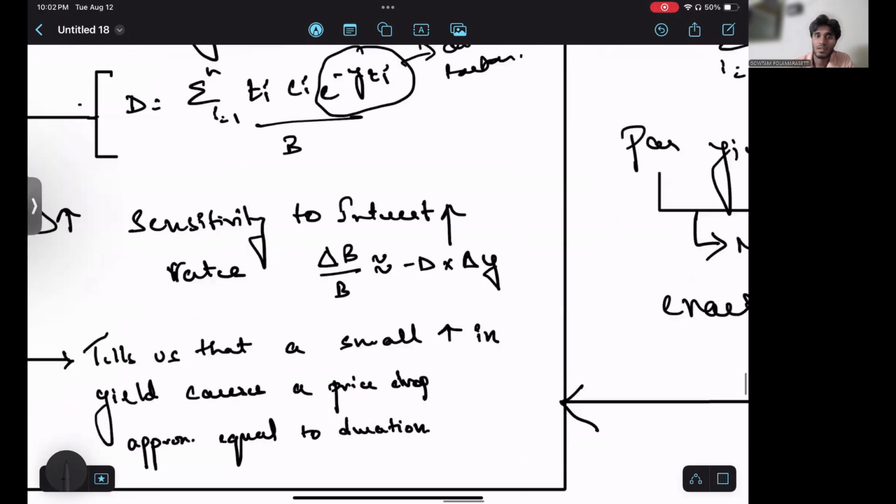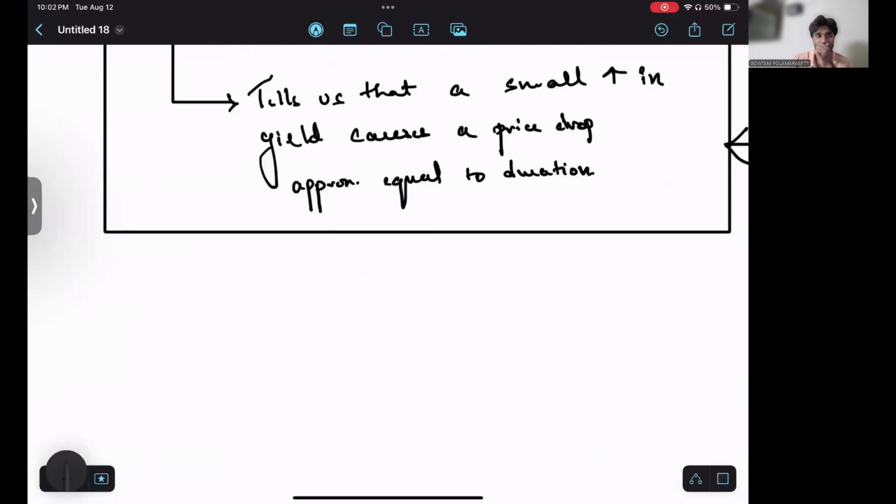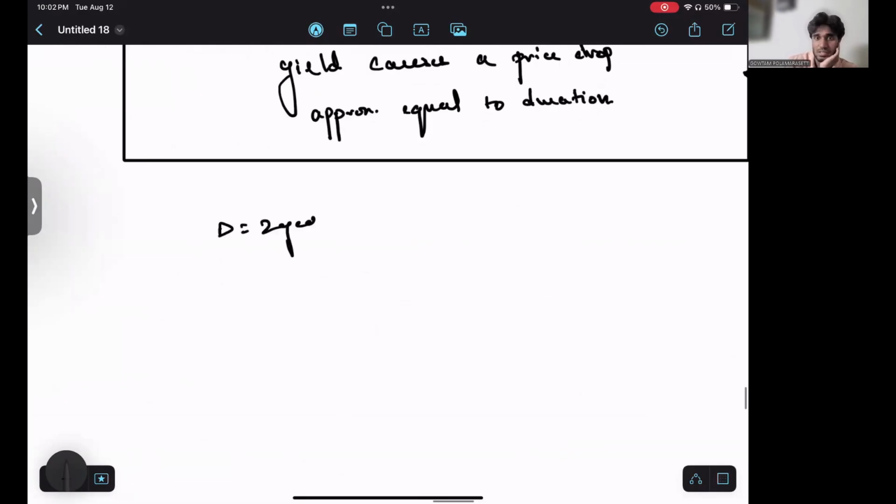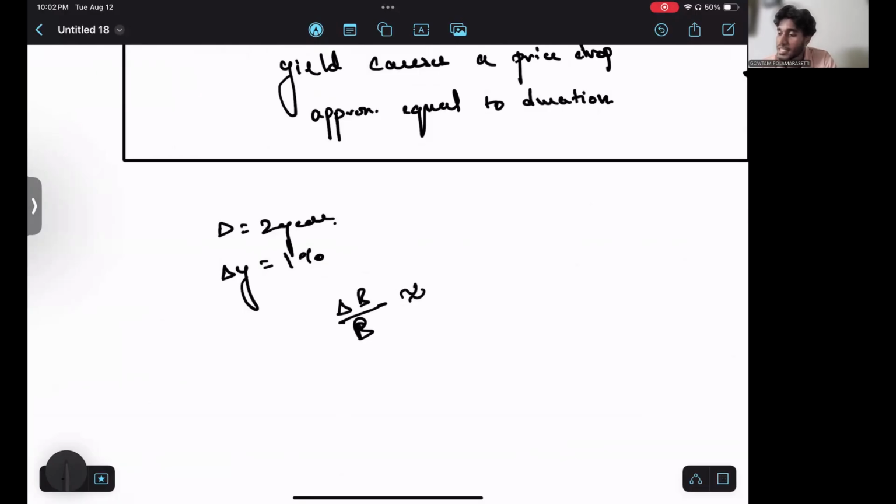For example, if the bond's duration is 2 years, and the yield increases by 1%, or the change in yield is 1%, then the rate of change of price is approximately equal to minus D into delta y, which is minus 2 into 0.01, which is minus 0.02, or minus 2%.